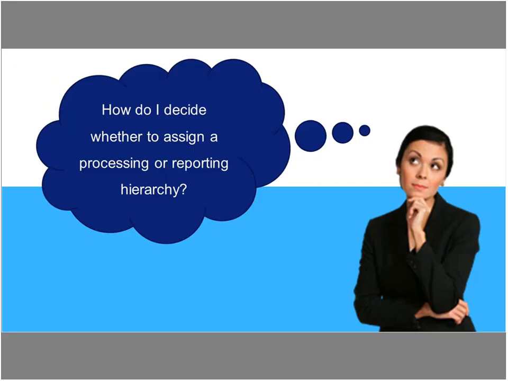So you're probably wondering which of these to assign. With the processing hierarchy, that is basically the part of Access Online that relates to things like billing and allocations of accounting codes to purchases.